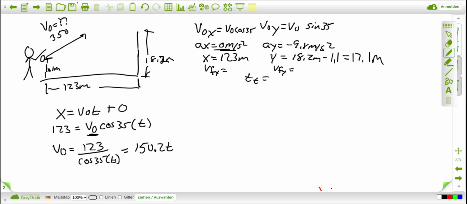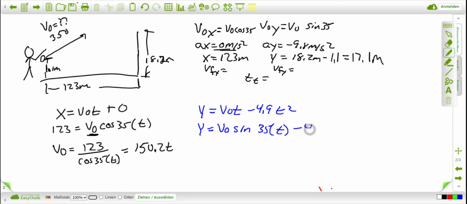You then have your y values. So y is equal to v initial t minus 4.9, which is half of 9.8, t squared. And so when you plug this in, you have y is equal to v initial sine of 35 times t minus, again, 4.9 t squared.